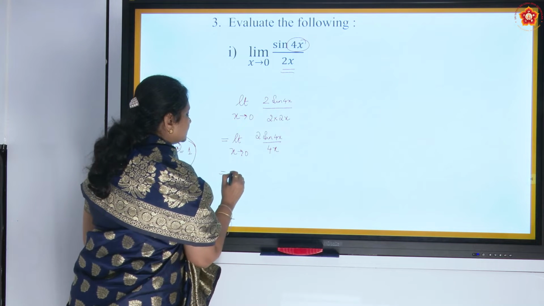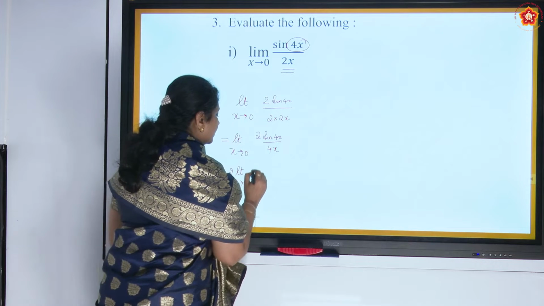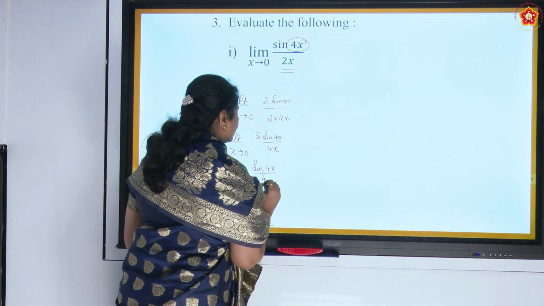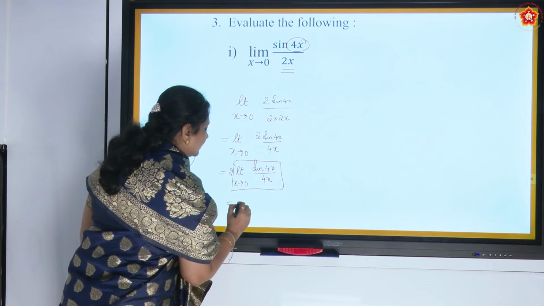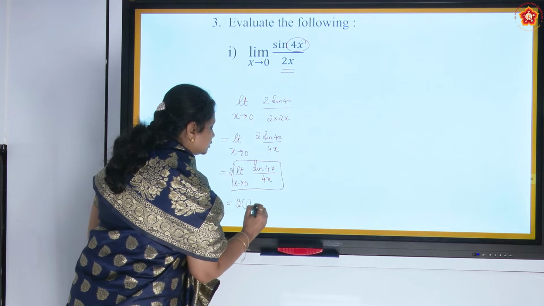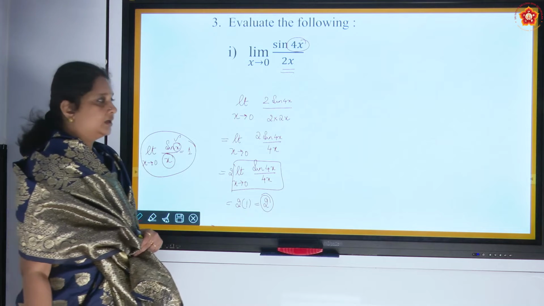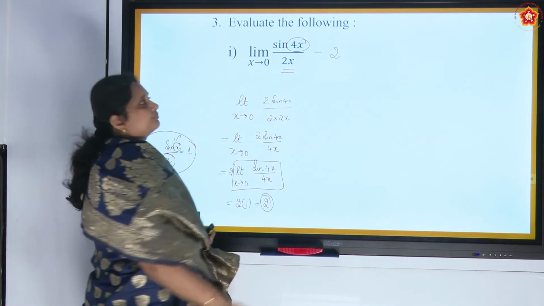Now this 2 is a constant, I can take it out. Now I've got it of the desired form. I have my special function here, sine 4x by 4x, and the limit is tending to 0 and I have the limiting value as 1. So 2 into 1, 2 is my answer. So this is equal to 2.